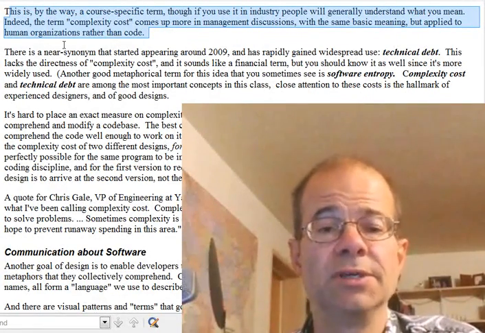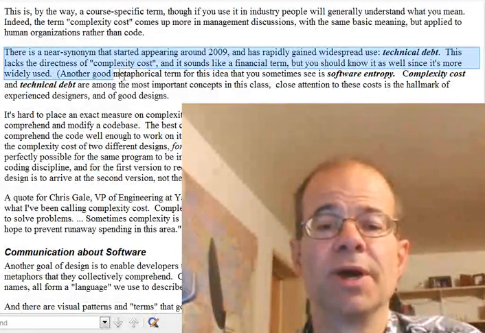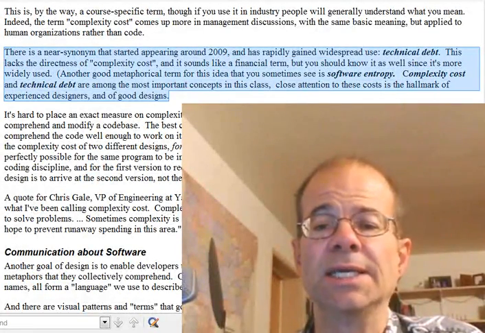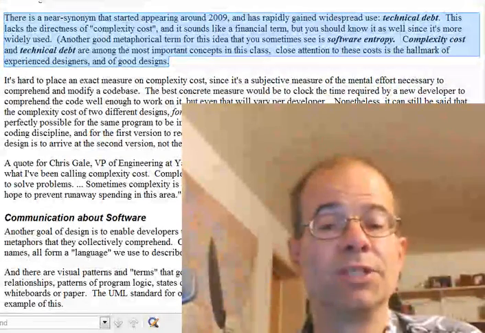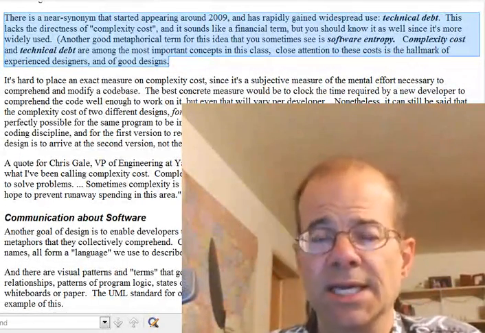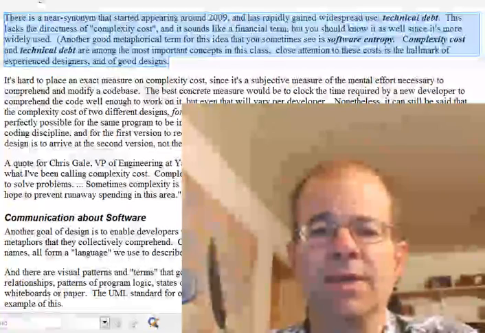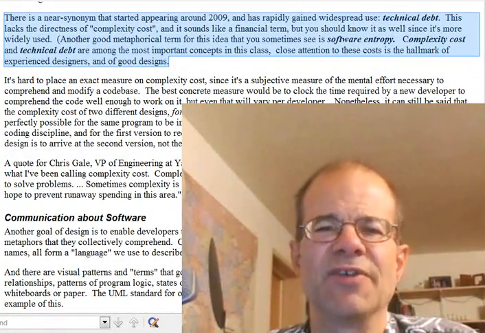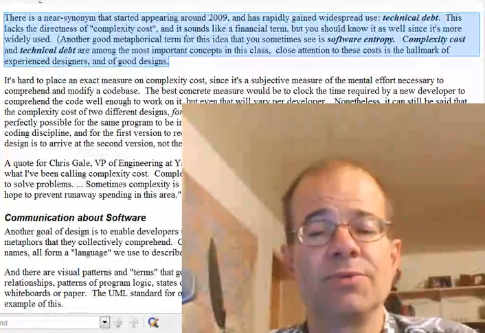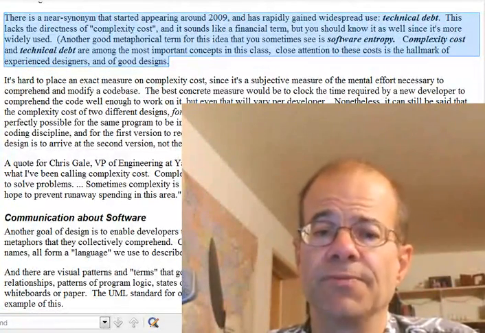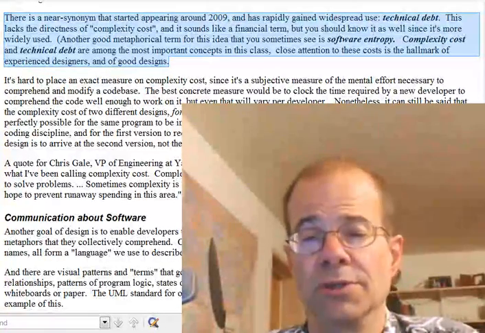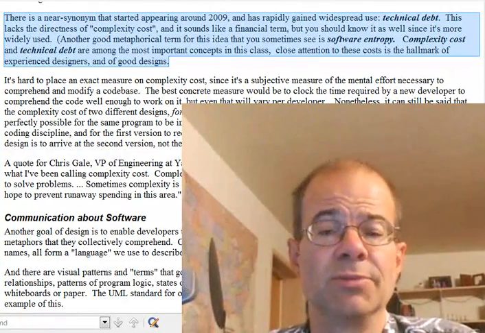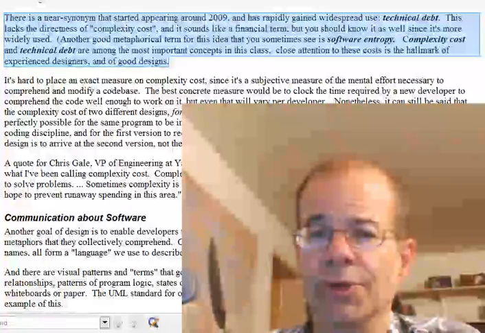There is a near synonym that started appearing around 2009 and has rapidly gained widespread use, and that is technical debt. Now, this lacks the directness of complexity cost, and it sounds like a financial term, but you should know it as well, since it's more widely used. Another good metaphorical term, by the way, for this idea that you sometimes see is software entropy.